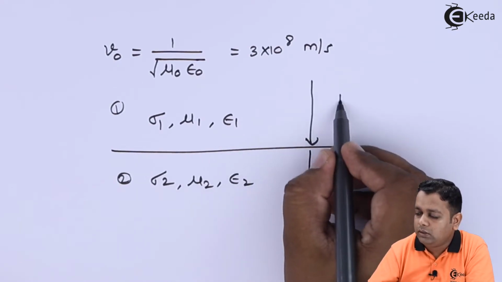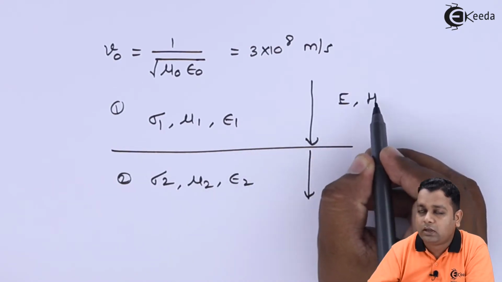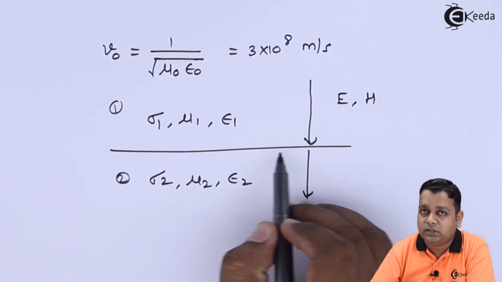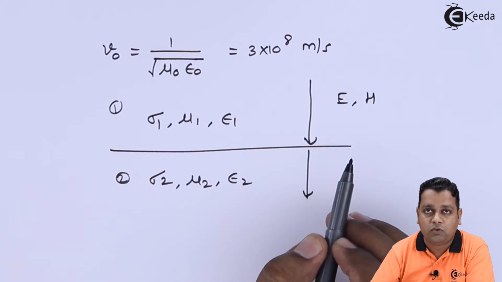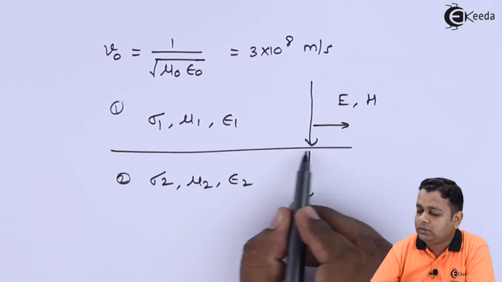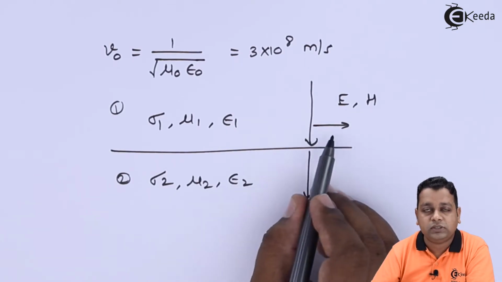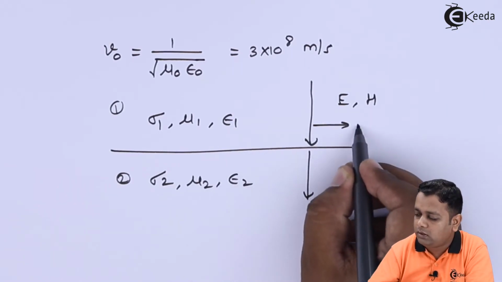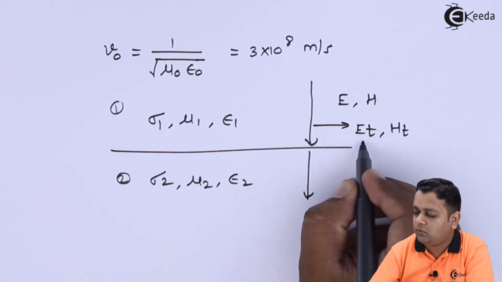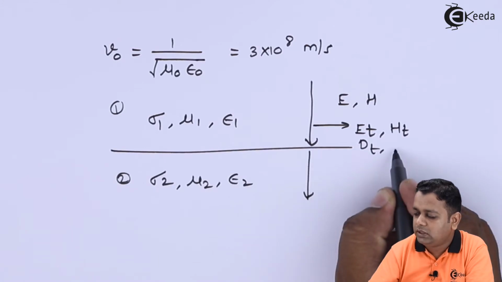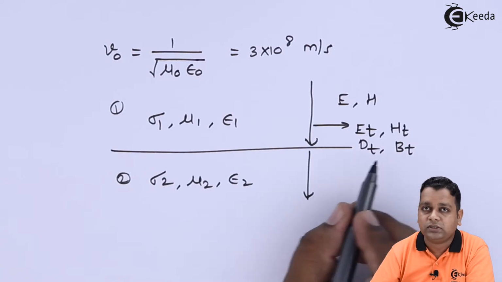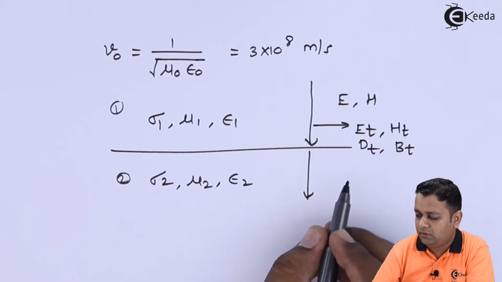So here the microwave has electric and magnetic components. The components may be either tangential to the boundary or normal to the boundary. Normal means perpendicular here. If these are parallel to the boundary surface, we say they are tangential components. We can denote E suffix T, H suffix T for tangential, along with D suffix T and B suffix T. D and B are the flux densities corresponding to the electric and magnetic field.